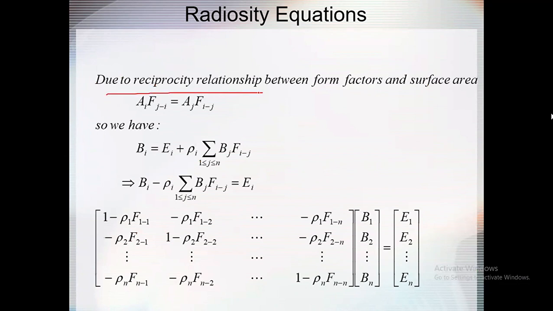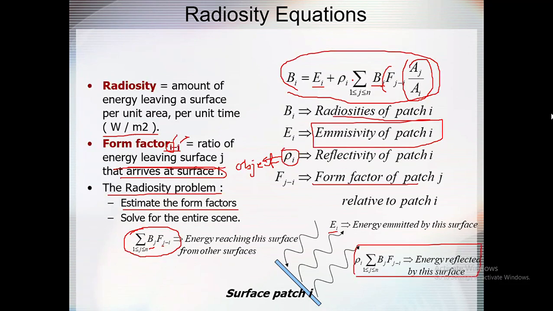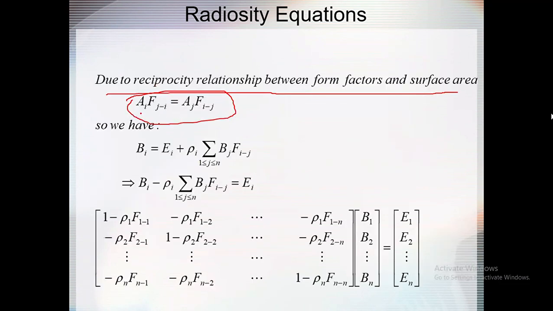And due to the reciprocity relation between form factor and surface area, we can write the equation like that. Why reciprocity? You can see that B_i is over here, A_i is over there. So this is a reciprocity relationship. So we can get this one and that one.